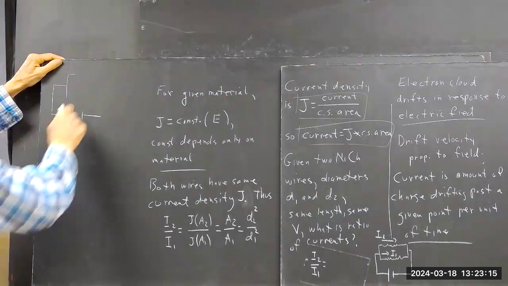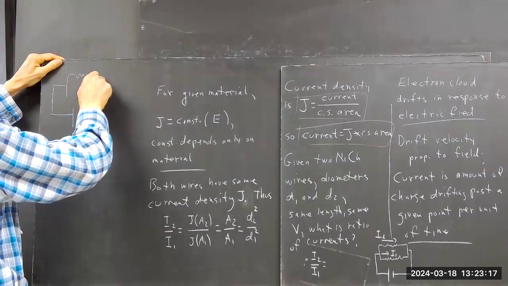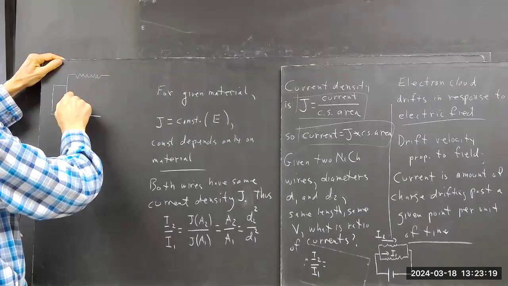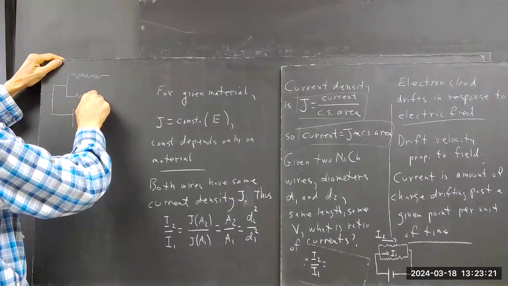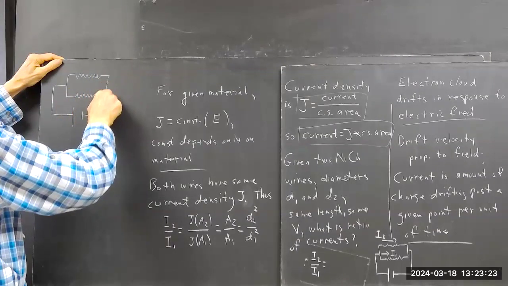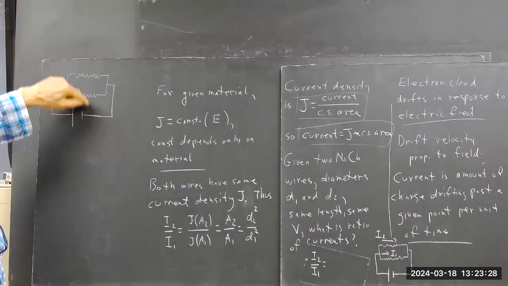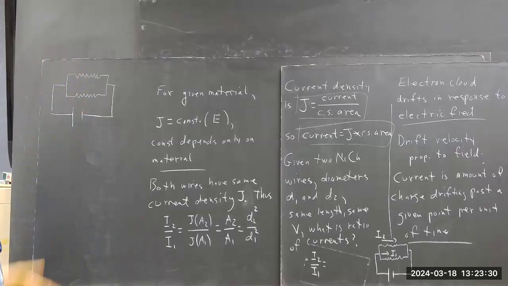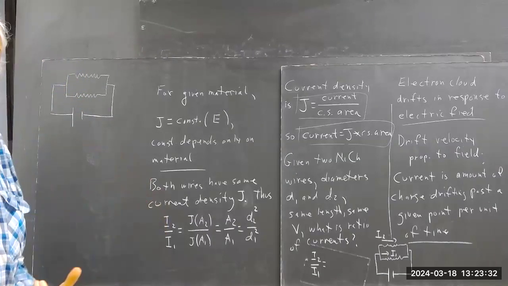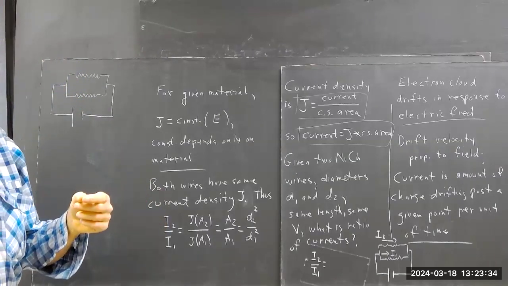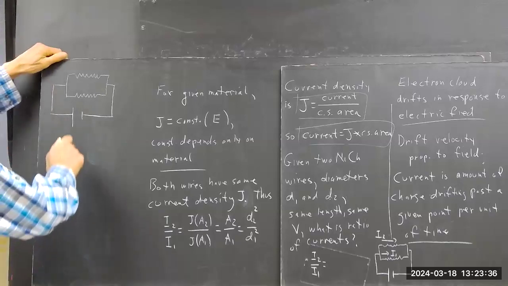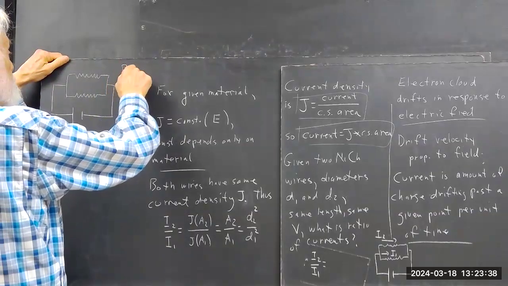Now, the symbol for a resistor is this. These two resistances might be two different pieces of nichrome of different diameters and different lengths. So let's say these are both nichrome.